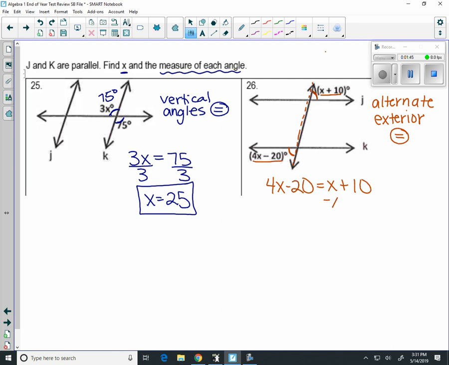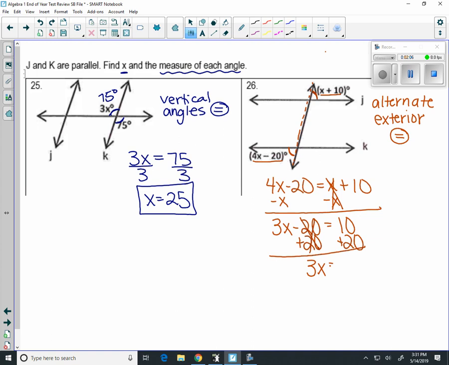I'm going to subtract over x. I'm going to add over 20. Divide by 3. This is where you want to kind of take a pause and make sure you remember, oh yeah, you're supposed to go back and find the measure of each angle.